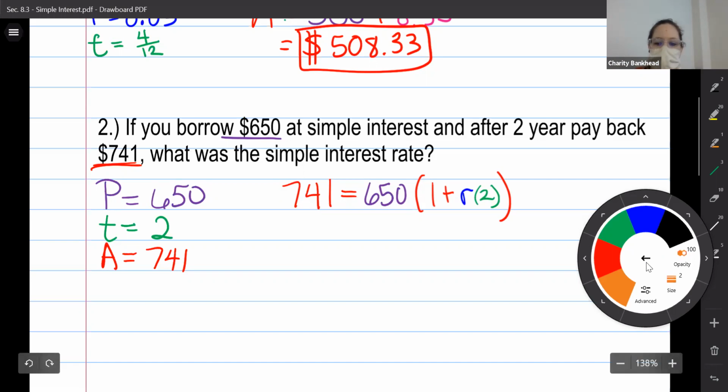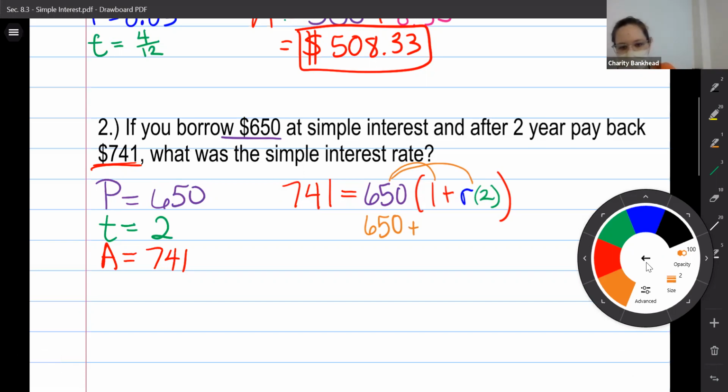So I think I will go ahead and distribute 650. So 650 times 1 is 650, and 650 times 2 is 1300. So that would be 650 plus 1300R. And that still equals 741.